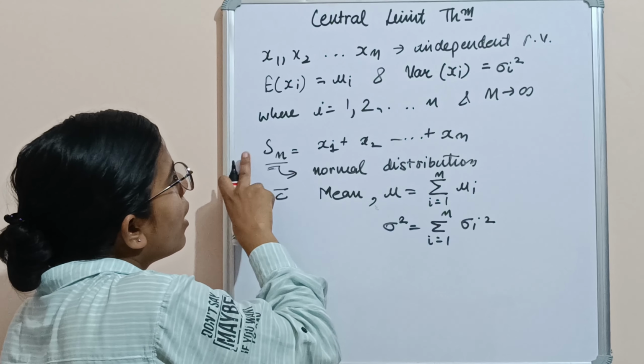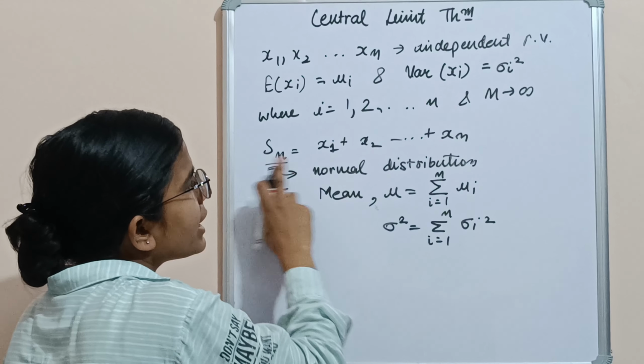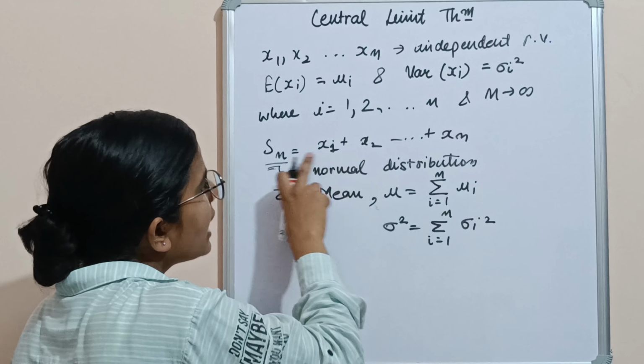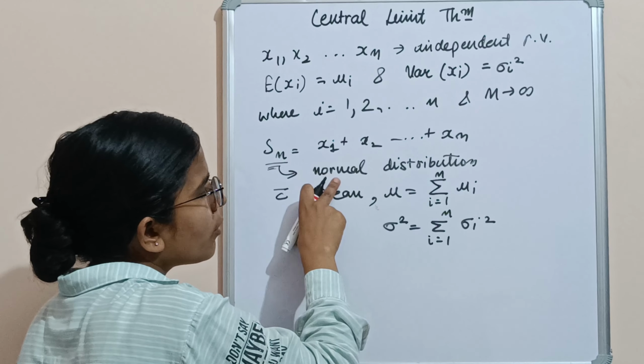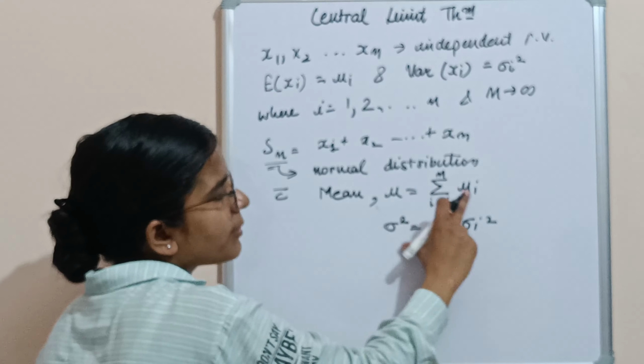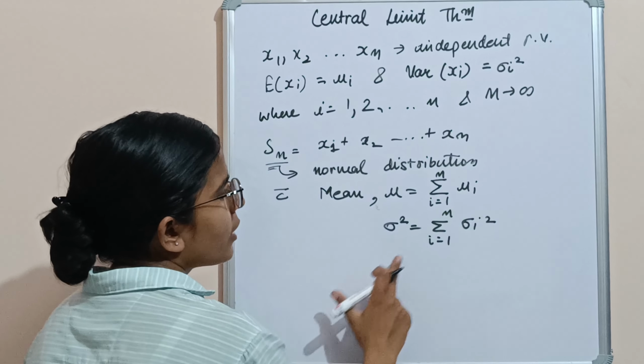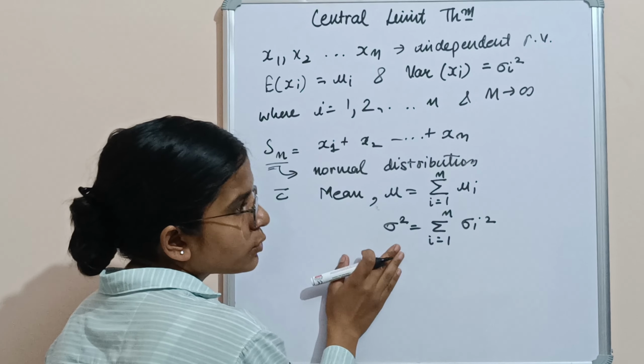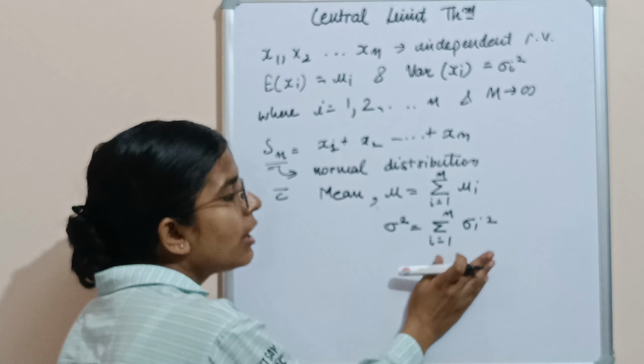If we have a sum of independent random variables, then this distribution will follow normal distribution with mean value equal to the summation of every mean value and variance equal to the summation of individual variances.